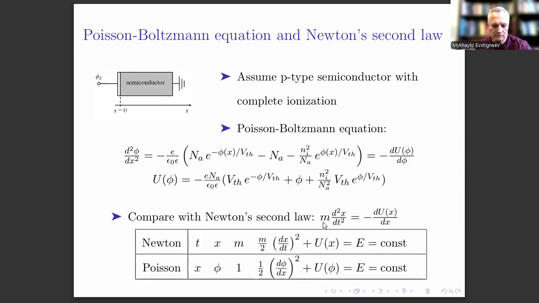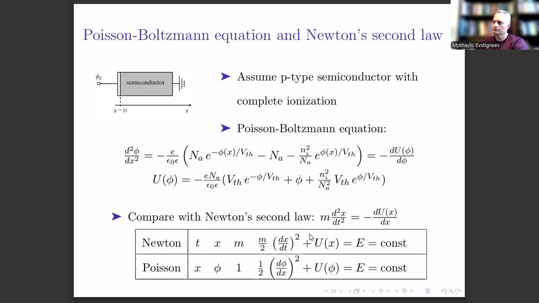The mass in Poisson's equation is just 1, because nothing multiplies the second derivative of phi with respect to x in the Poisson-Boltzmann equation. All right, so this is the analogy.